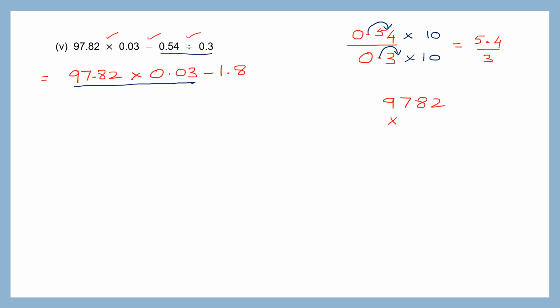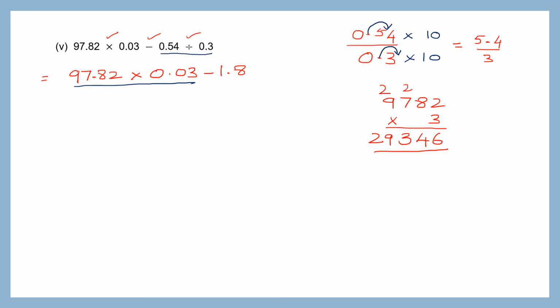9782 into 3. 3 2s are 6, 3 8s are 24, carry 2, 3 7s are 21, plus 2, 23, carry 2, 3 9s are 27, 28, 29. So I've got 29,346.